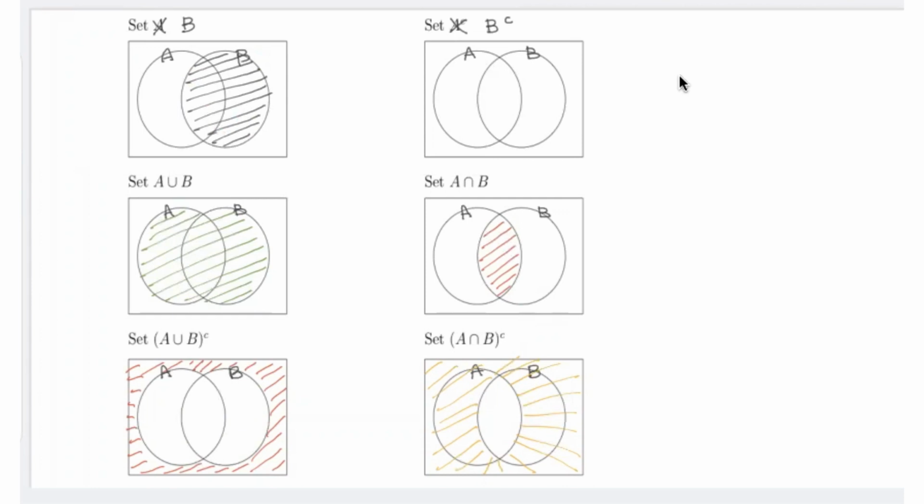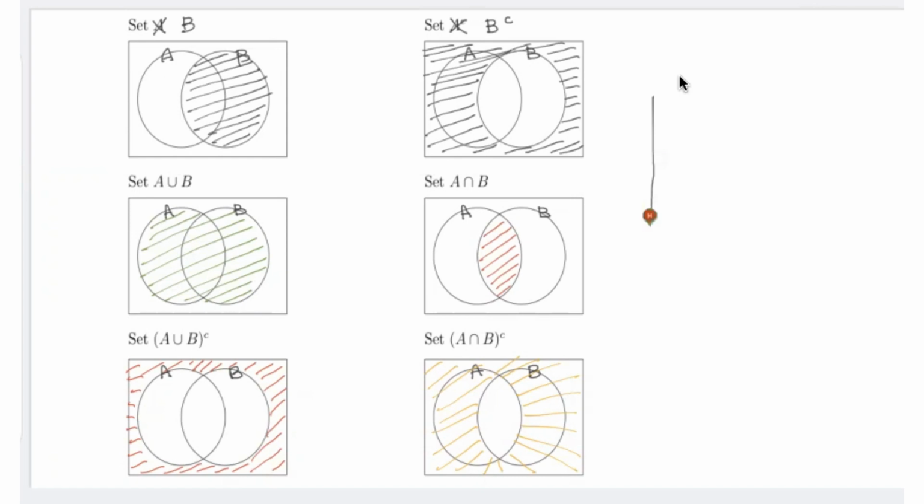B complement is outside of that circle. If there are other circles, don't worry about it. Outside of that circle. Are we okay with this? All right, let me just give one more example and then we move on.